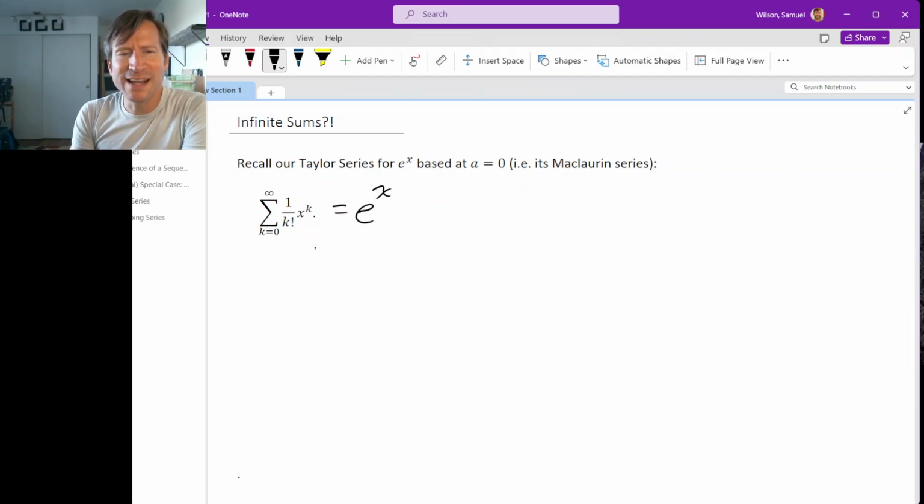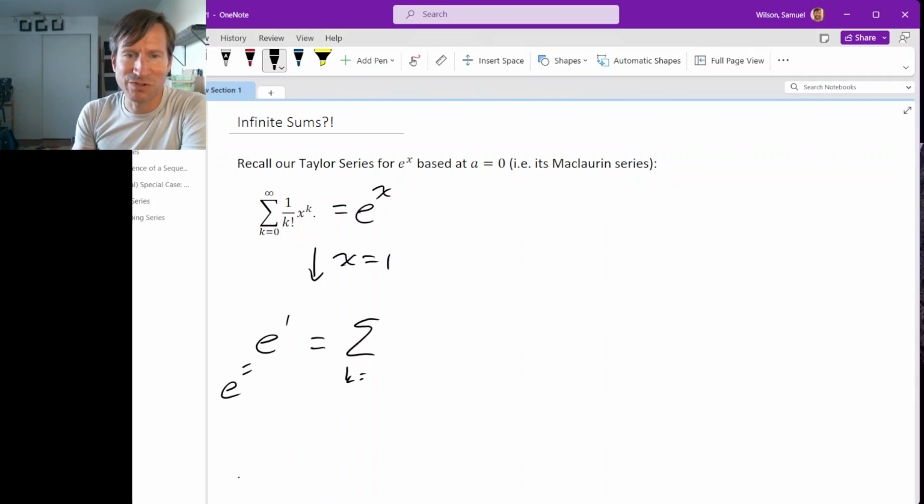But if you plug in x equals 1, or really any number, what you get here is e to the first, which is just e, equal to the sum from k equals 0 to infinity of 1 over k factorial times 1 to the k, and 1 to the k is just 1.